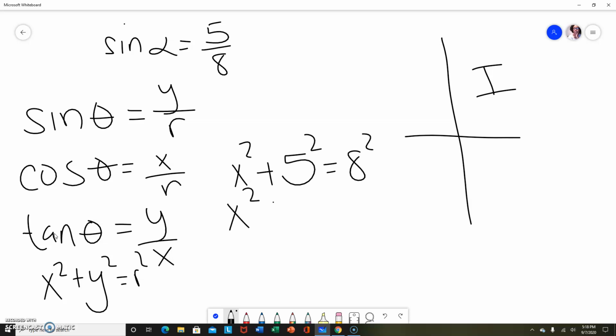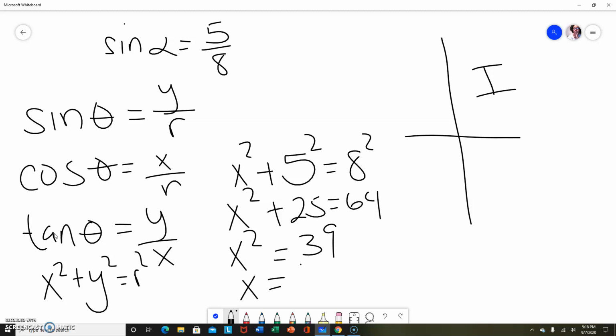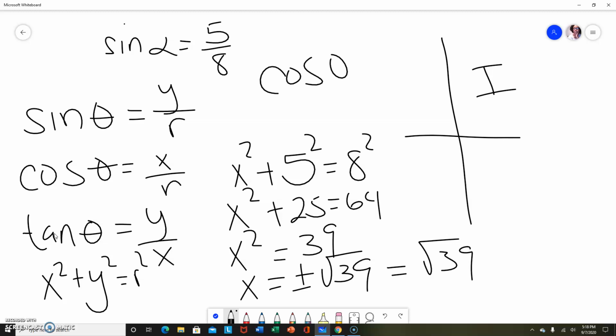So x squared plus 25 equals 64, so x squared is equal to 39. So x is equal to plus or minus the square root of 39. But we know it's in quadrant 1, so it has to be the square root of 39.